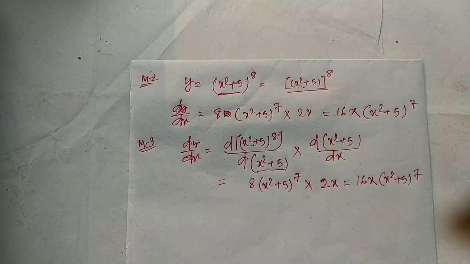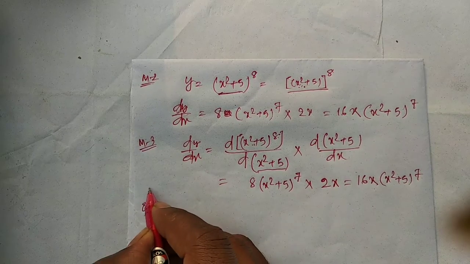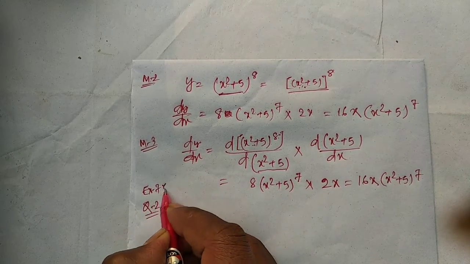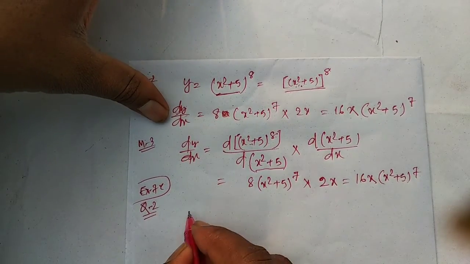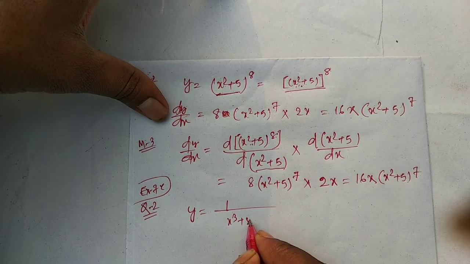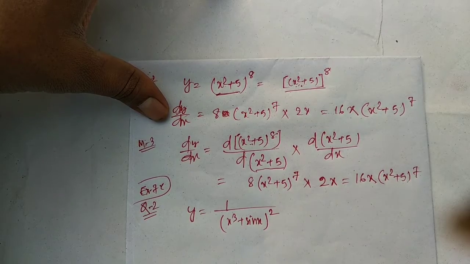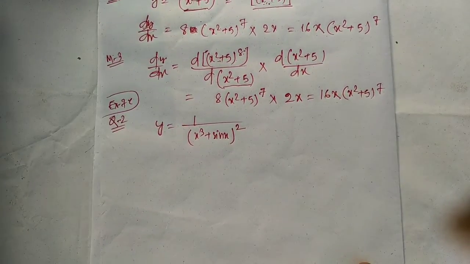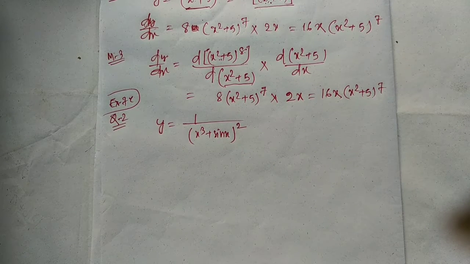Getting everyone? So let's solve one more problem from the book, question number 2, exercise 7C. The question is 1 upon (x cube plus sin x) the whole square.